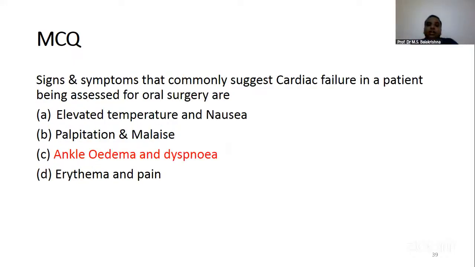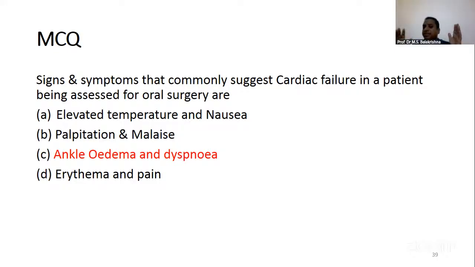Next question. Signs and symptoms that commonly suggest cardiac failure in a patient being assessed for oral surgery. In cardiac failure, the heart is not working, so the blood circulation is not proper. The blood goes to the lungs for purification, and that is also not proper. Eventually it results in dyspnea, difficulty in breathing, and ankle edema also develops.